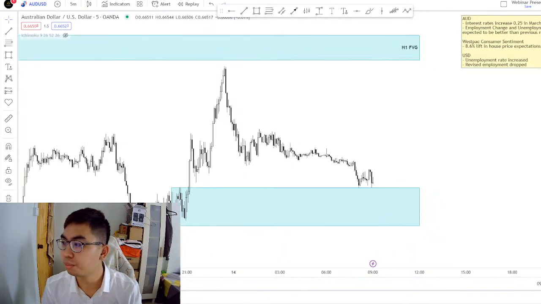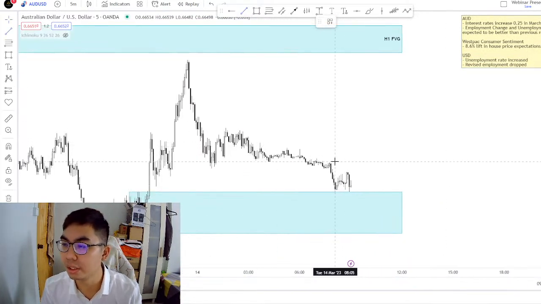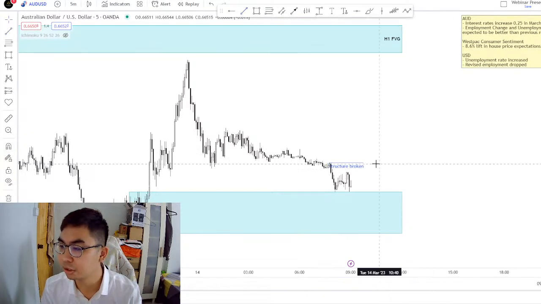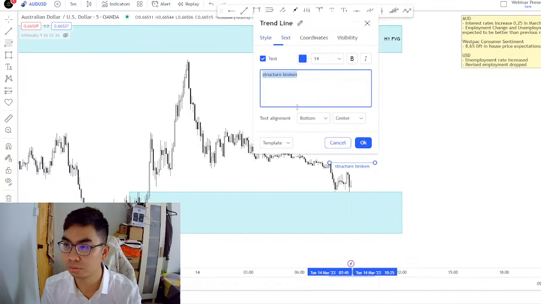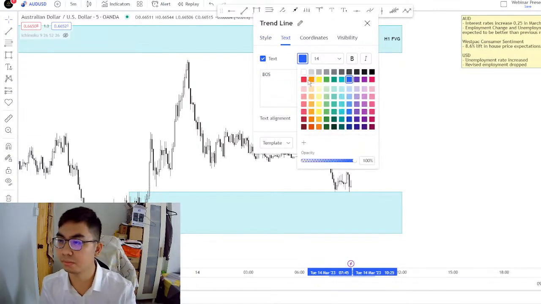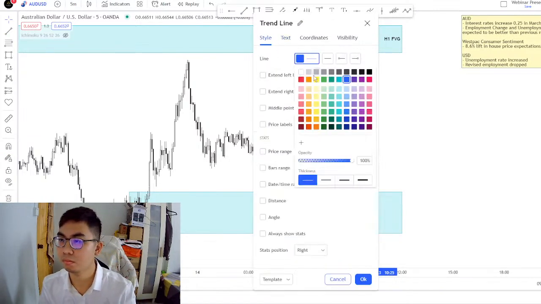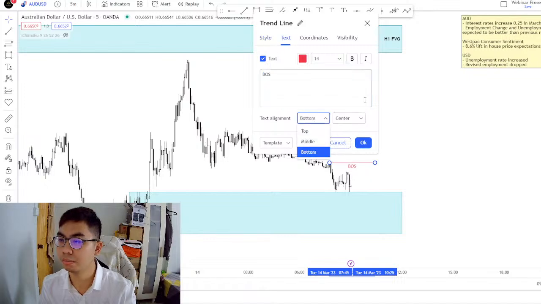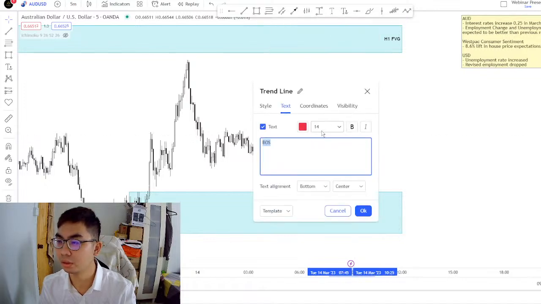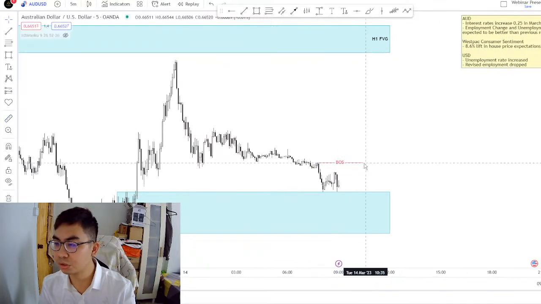I'll be looking for price to possibly clear out that high right there. Breakout structure, let me change it to BOS. I'm waiting for price to break structure right there.